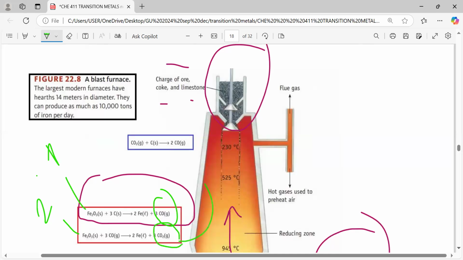Then CO2 moves upward. As it is moving upward, it comes in contact with carbon, which is falling down. So remember, carbon is falling down. It's a solid. CO2 is a gas. It's moving upward. If you have a gas and a solid, solids will fall down as gases move upward.